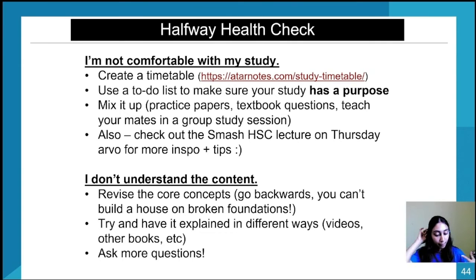Mix it up. Don't just do homework, or just do practice papers. Oh, that's a tongue twister. Do a little bit of everything so that you can actually find some joy in studying. I know it's a bit hard sometimes. Also, I think Smash HSC was on Thursday, but check out the Smash HSC lecture as well.